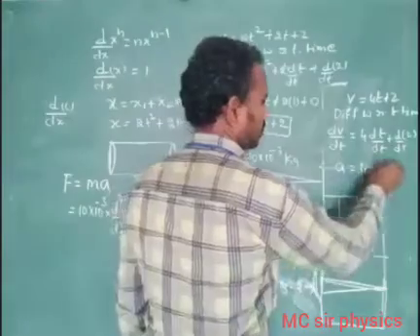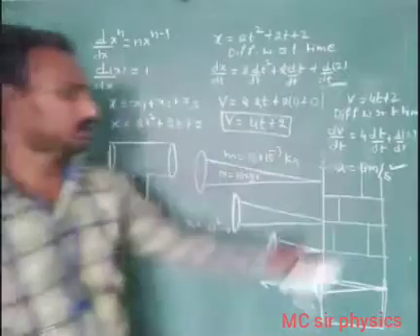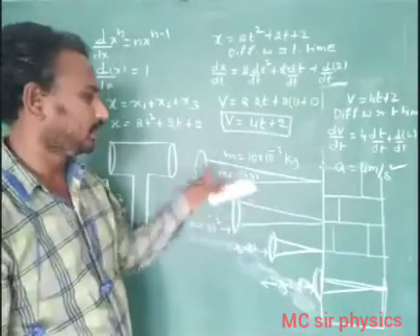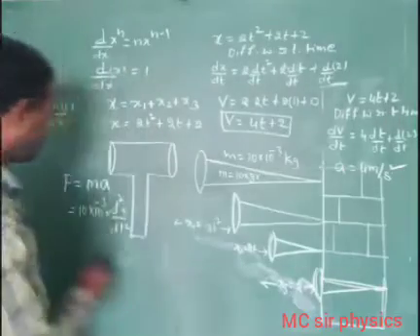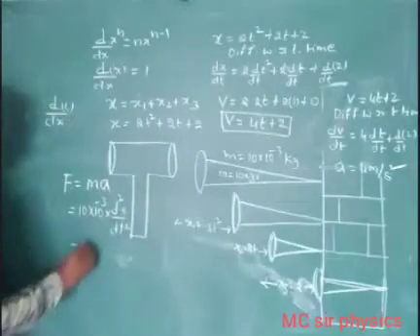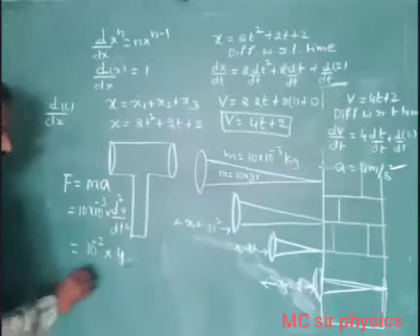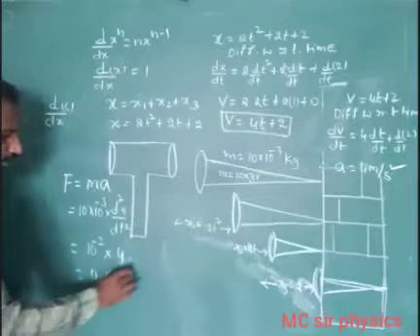Acceleration equals 4 meter per second square. This acceleration is the acceleration of the nail. So what is the resultant force? The mass is 10 times 10 to the power of minus 3, that is 10 to the power of minus 2, times 4, which gives 0.04 Newton.